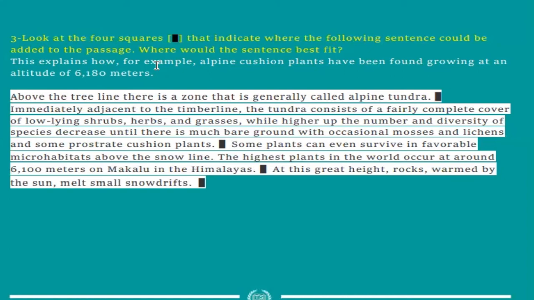After the reason happens, then this sentence comes, the result. We need to find a sentence that has a reason. After this reason, this result will come, which is our sentence in this case.